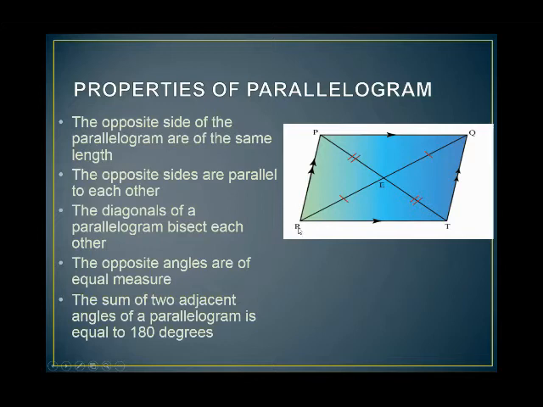Or if we add the measure of angle R to the measure of angle P, it is again equal to 180 degrees. So I mean to say that if we add any two adjacent angles of a parallelogram, it always equals 180 degrees. Do remember?